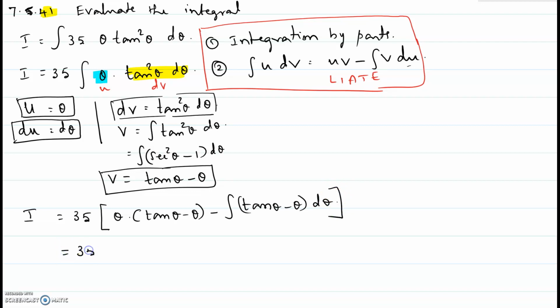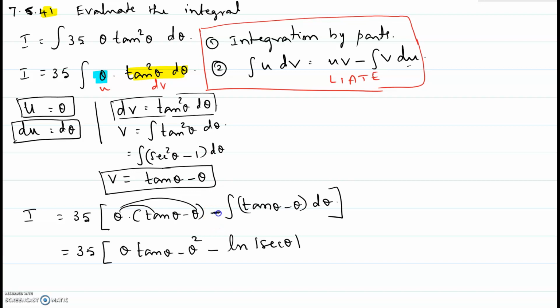So it is 35 times theta times tan theta minus theta squared. Then you have minus integral tan theta, which is ln of absolute secant theta.